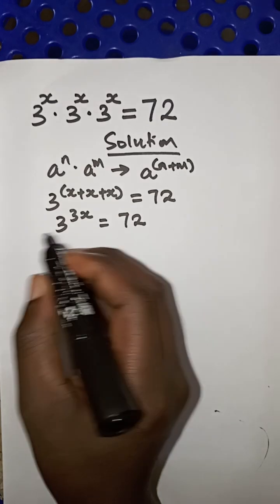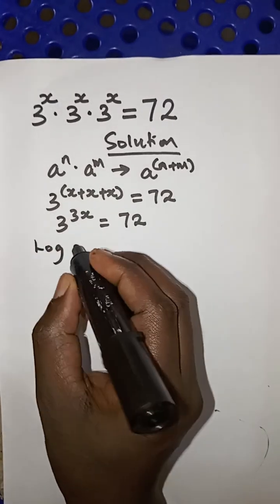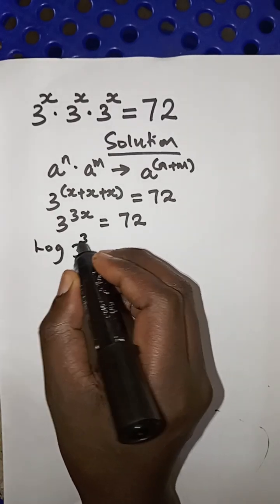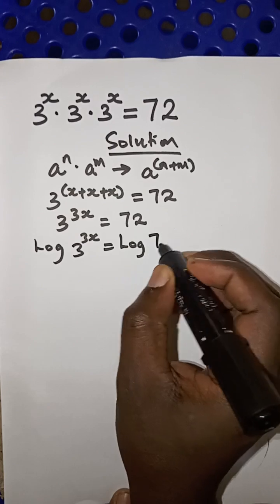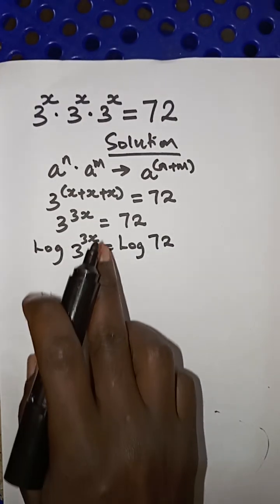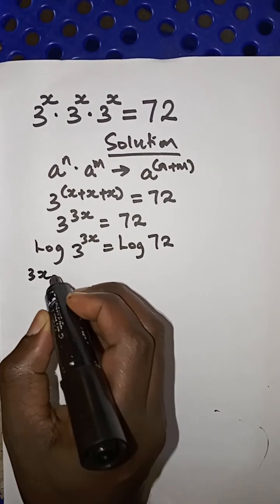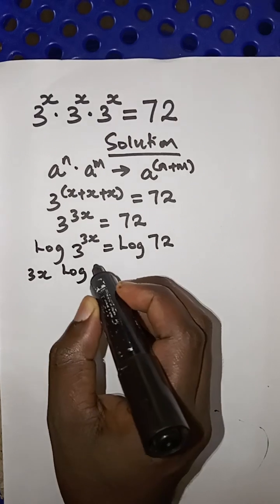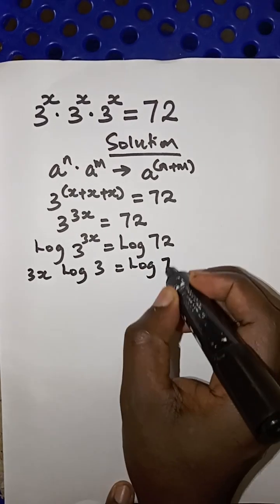Next, I'm going to introduce the logarithm on both sides, so that I have the log of 3 raised to power 3x equal to the log of 72. This power 3x can come down, so 3x times the log of 3 is equal to the log of 72.